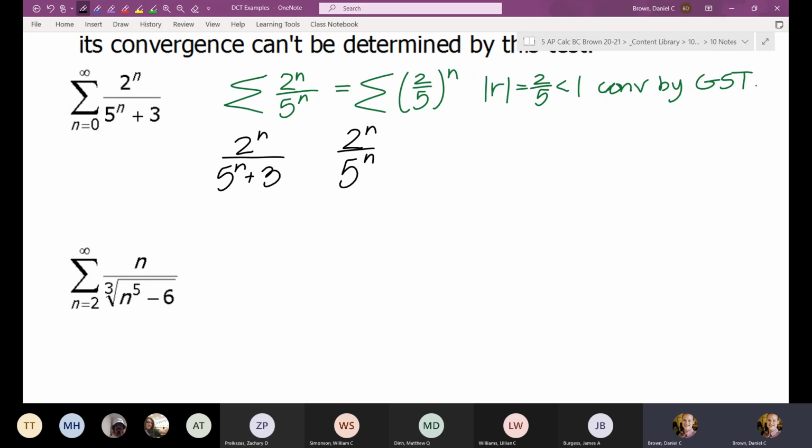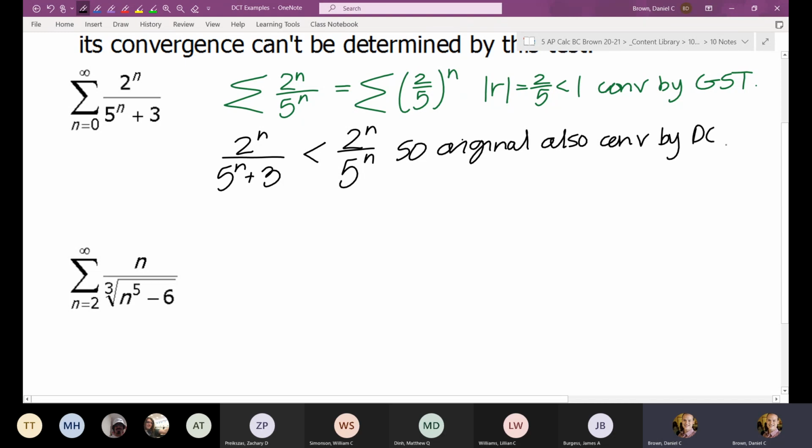If your denominator got bigger, what is that number overall? Smaller. So this one is always contained within that one. If the simple one converges, what do we know about anything smaller than it? It also converges. So the original series also converges, by the direct comparison test.